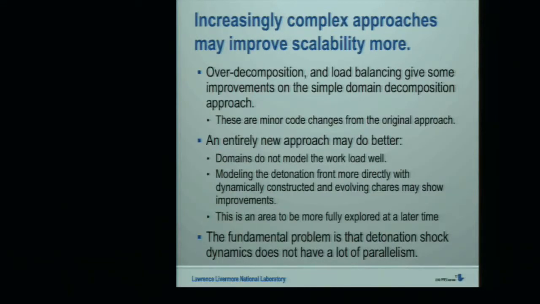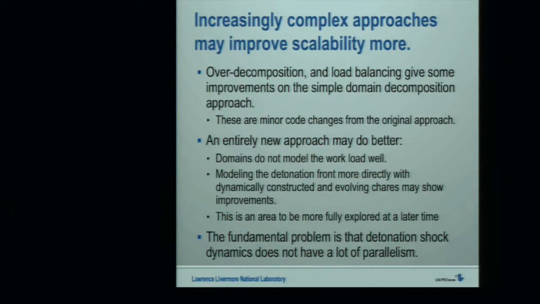Okay, so that was the simple approach, basically using domain overloading and load balancing. You can imagine much more complicated approaches. What I've done so far probably could have been done with AMPI, but the approach of doing domains as you get them from a domain decomposition from maybe the hydrodynamics code isn't the right approach for parallelism in this case.